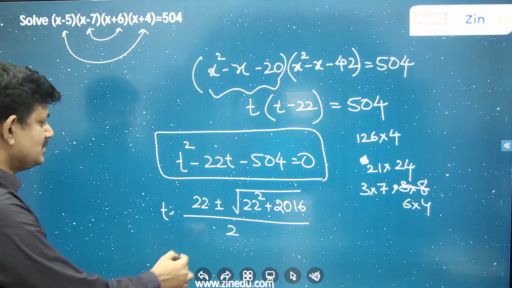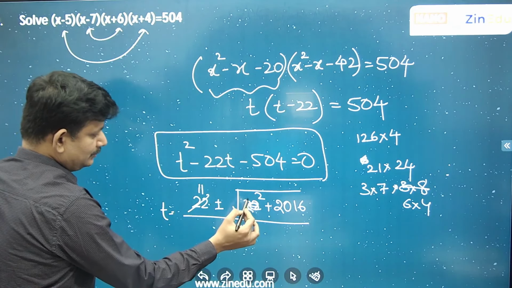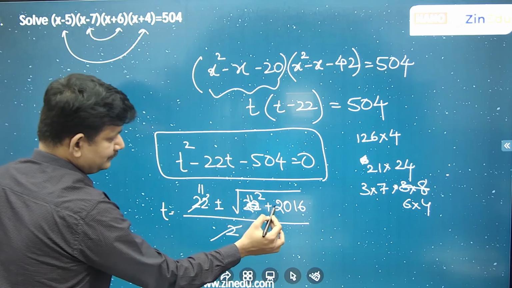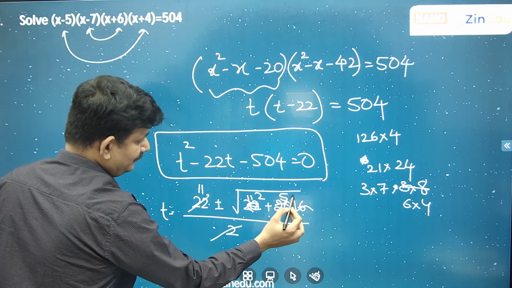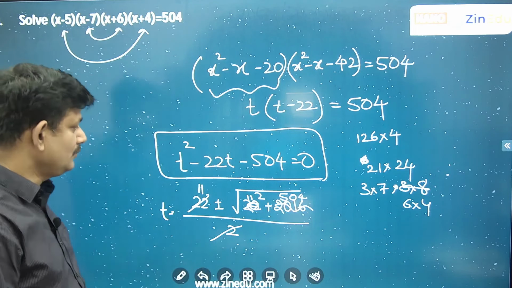So you can see 1 2 getting cancelled. This will become 11 square, this will become 504. From here you will be able to complete the calculations. Once you get the value of t, x square minus x minus 20 is equal to t. Substitute there. Again you have a quadratic, so you will get 4 solutions in all.